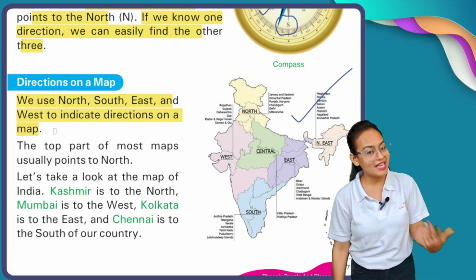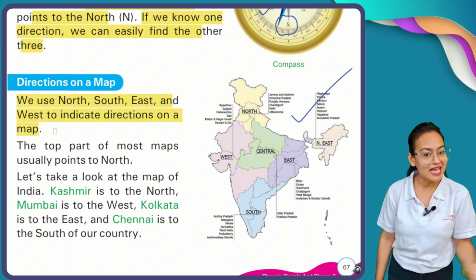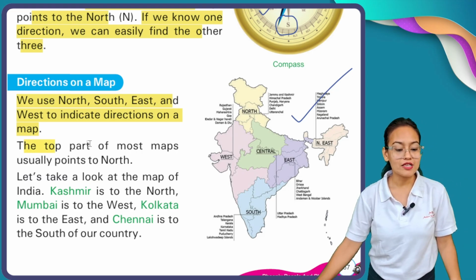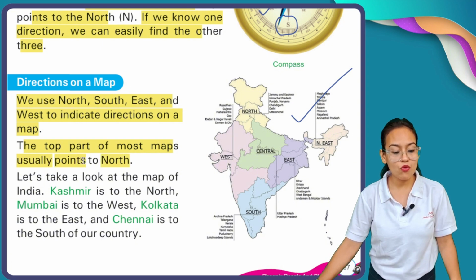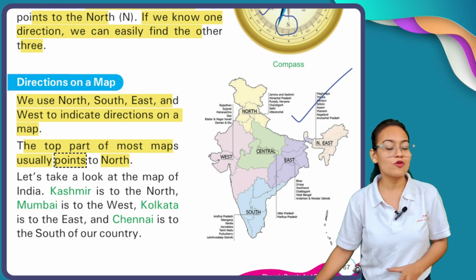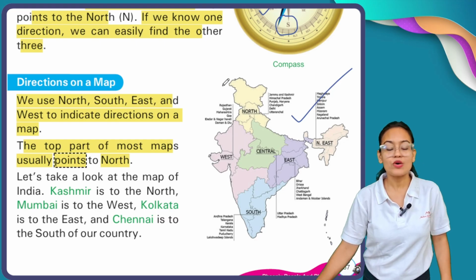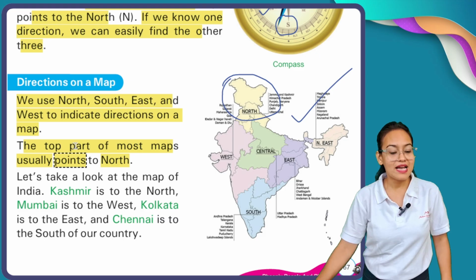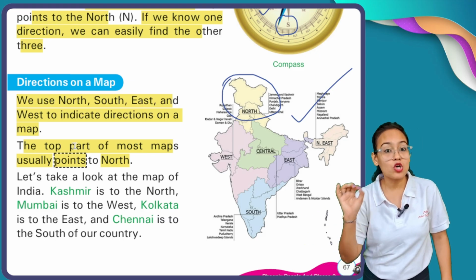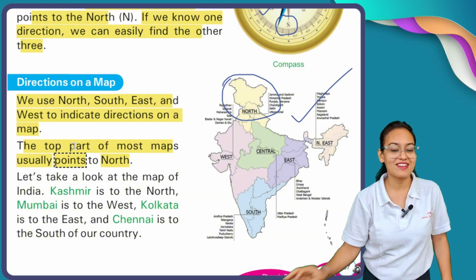The top part of most maps usually points to the north. The top portion of most maps always shows north direction, so in this map, this is your north area, because the topmost area of any map always shows north direction.